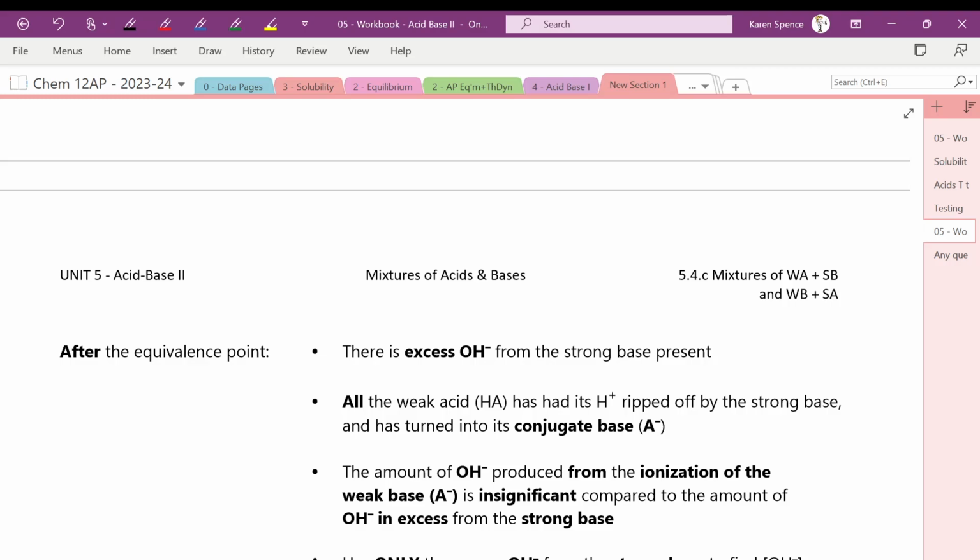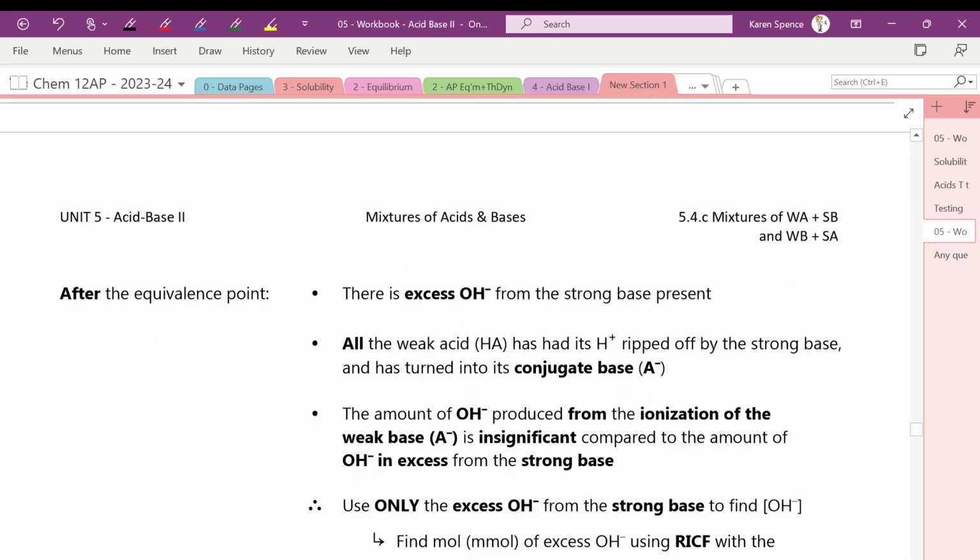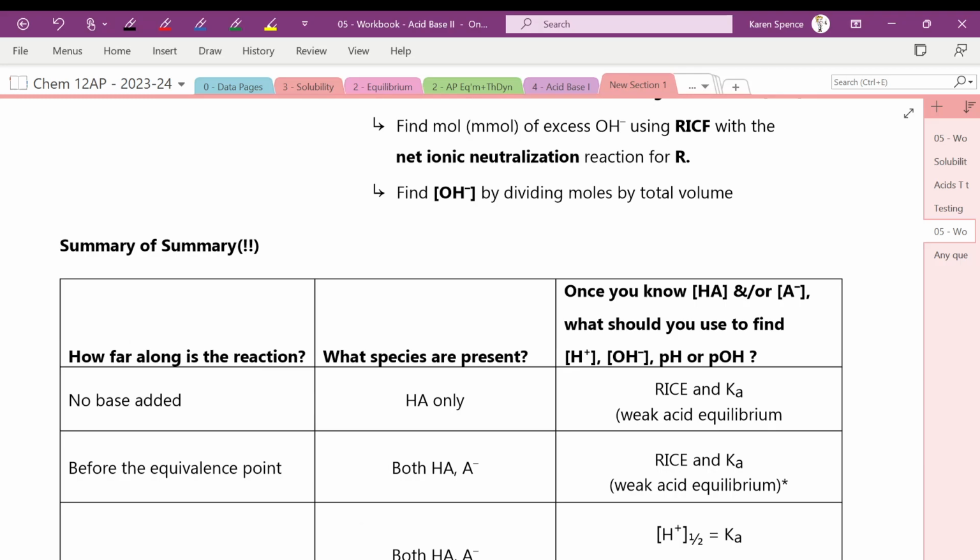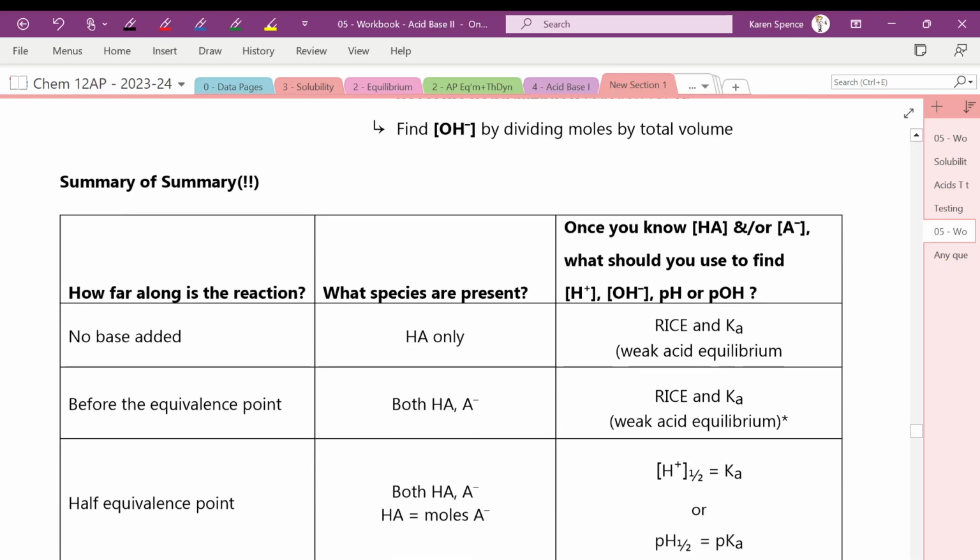So it's all explained and summarized there, and then there is a summary of the summary that compacts it even further. It says how far along is the reaction. If we have no base added, we have only the acid, so we'll use rice and Ka. We didn't actually do that today, where we said we haven't added any base, because that's fairly trivial, okay?